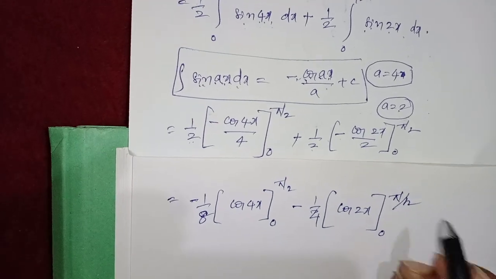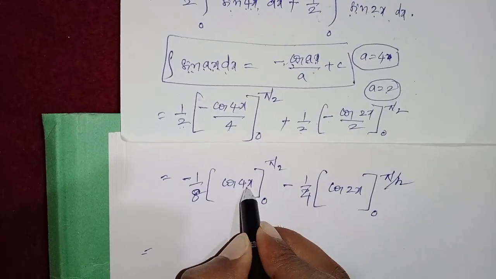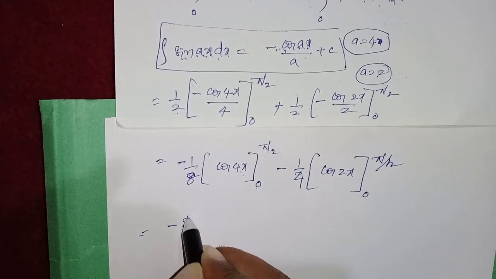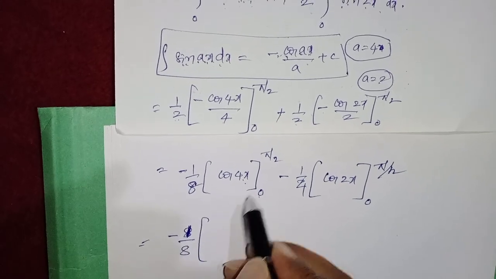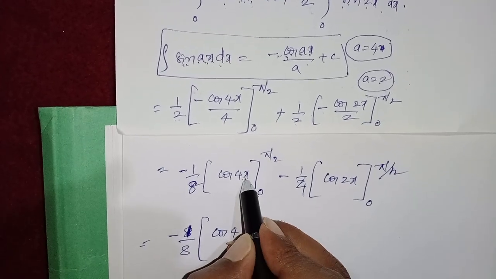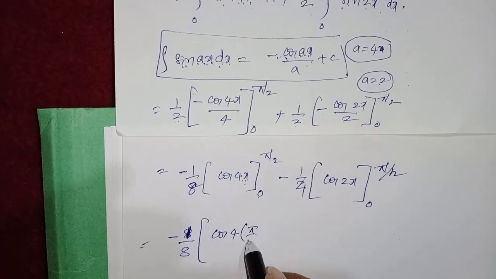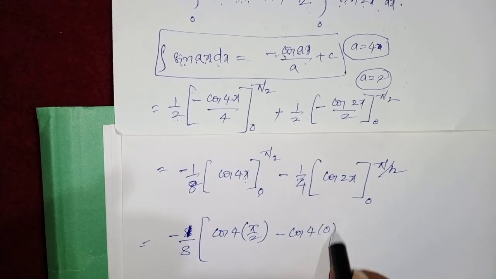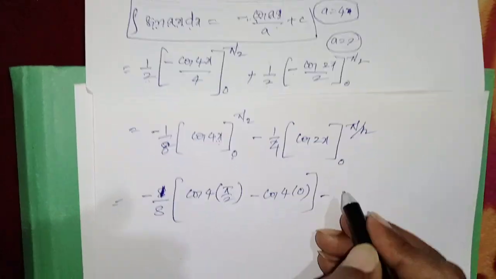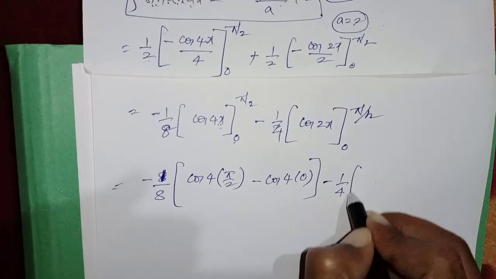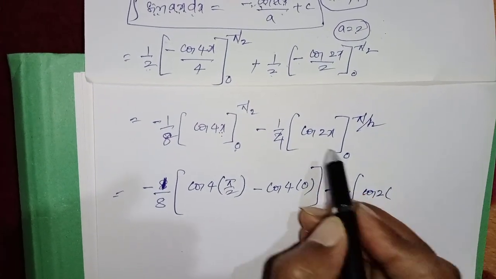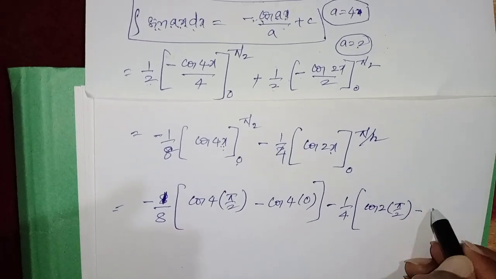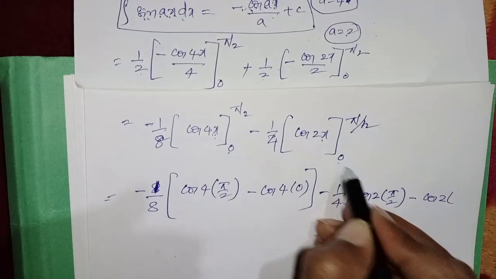Now substitute the upper limit in x place minus the lower limit in x place. That is equal to minus 1 by 8 whole into cos 4 into pi by 2, minus again substituting the lower limit, cos 4 into 0, minus 1 by 4 into cos 2 into pi by 2, minus cos 2 into the lower limit 0.